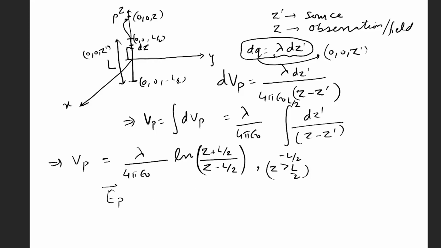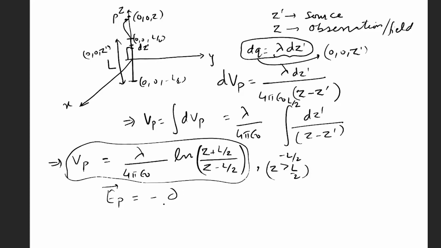Now since you can see this potential is just a function of z only, we can expect that the field will be simply in the z direction. So we will put the value of Vp and we will differentiate with respect to z. What will I get?